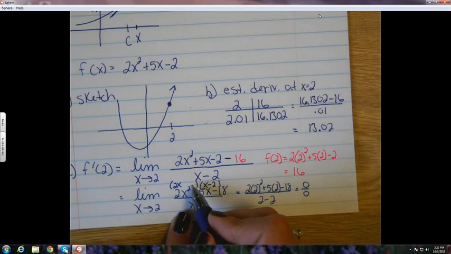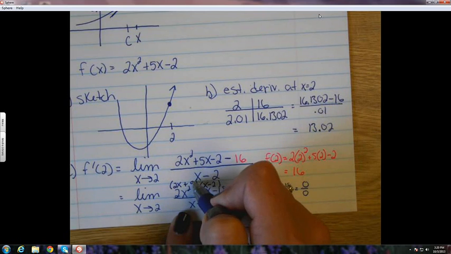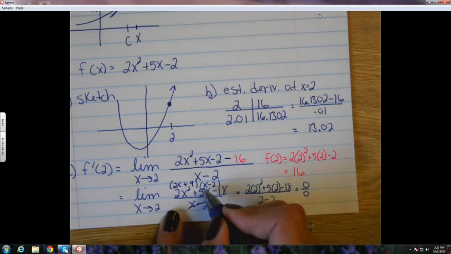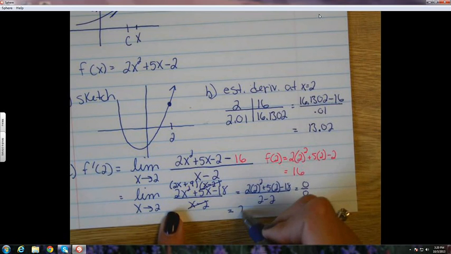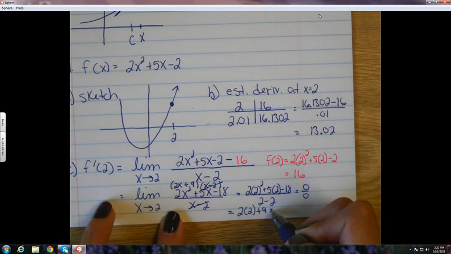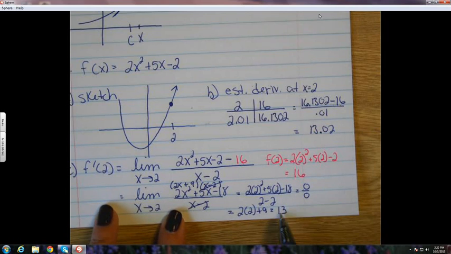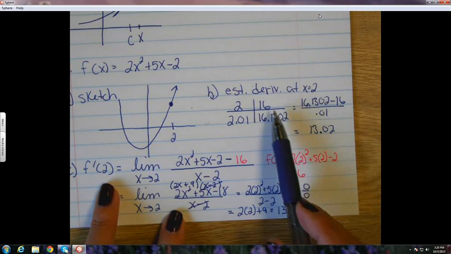And last times last has to give me that negative 18. 9. Now I can cancel. Now my limit can be found by plugging 2 into the remaining factor. So I'm going to go 2 times 2 plus the 9. 4 plus 9. 13 is the exact derivative at 2, where we got that approximate 13.02 with the 2-point table.